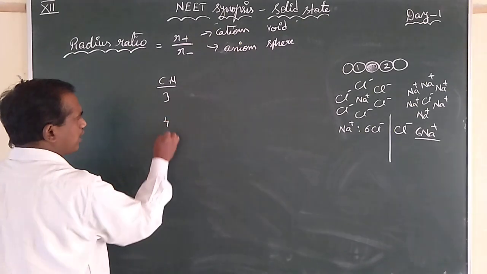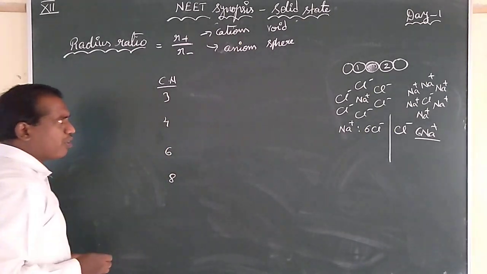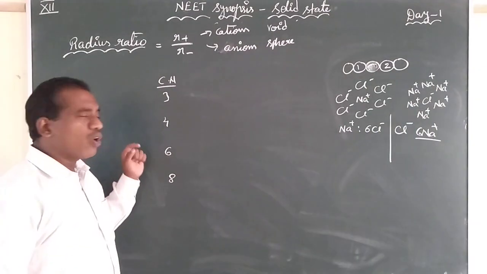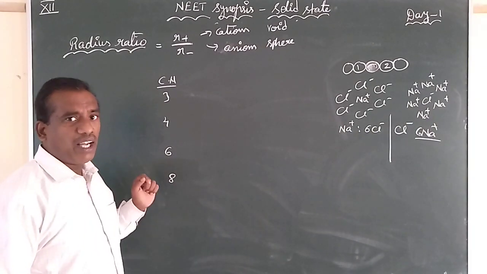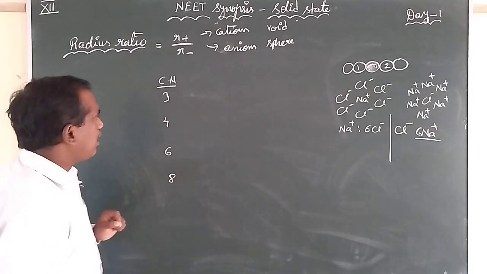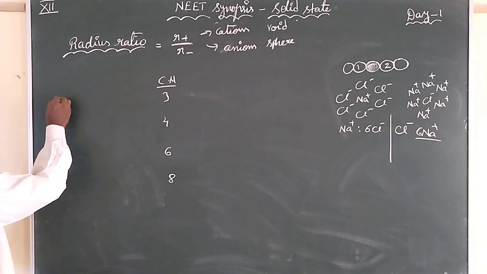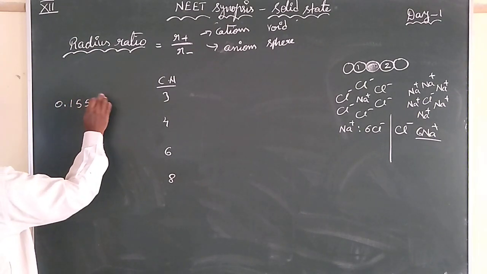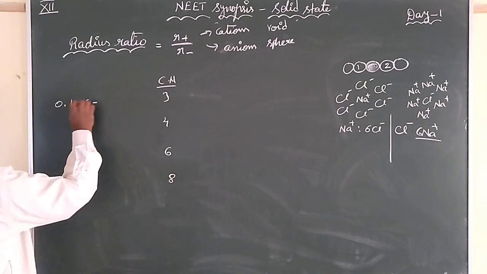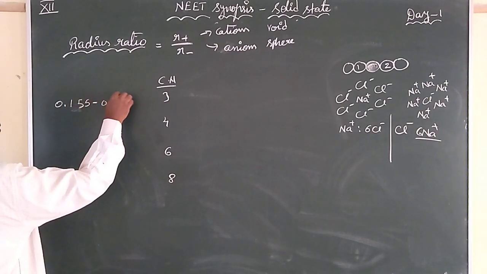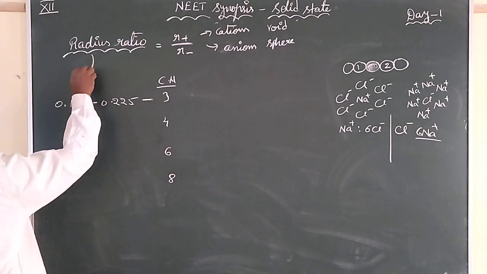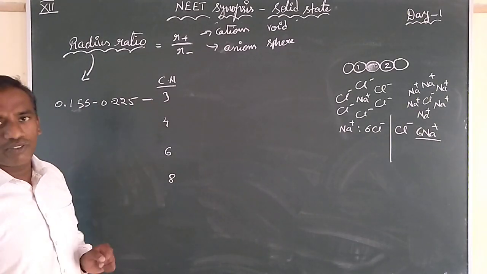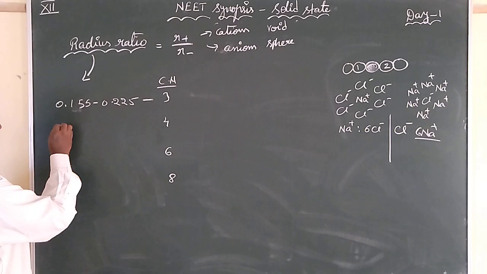These are the types of coordination numbers we are going to see: coordination number 3, 4, 6, and 8. In the case of radius ratio, the range 0.155 to 0.225 means that when the radius ratio is in this range, the coordination number will be 3.